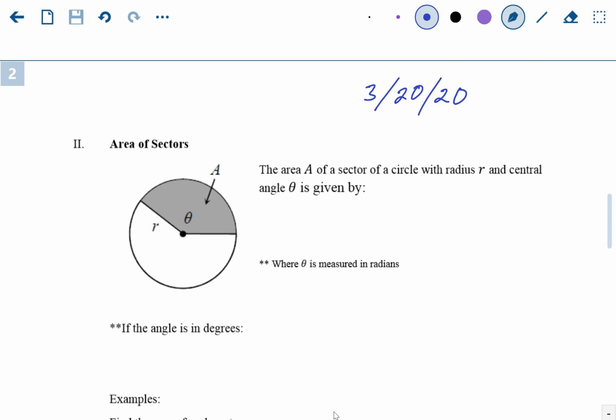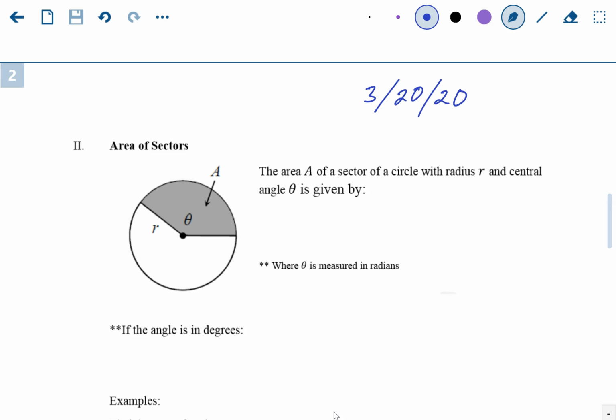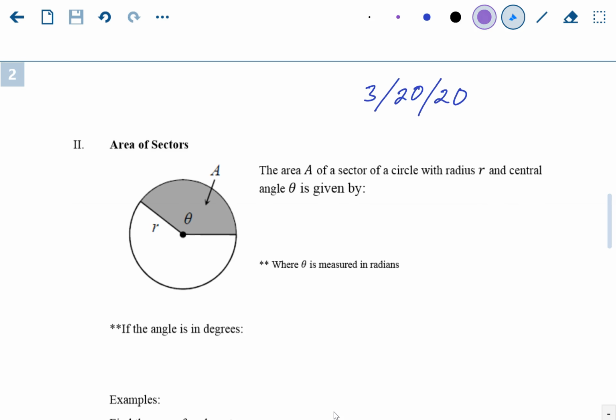Okay. So the area of a sector, the area A of a sector of a circle with a radius r and a central angle of theta is given by the following formula. Okay, so again, let's look at the players here. We got the radius, which extends from the center to the edge of the circle.